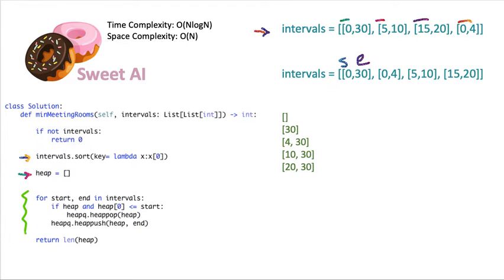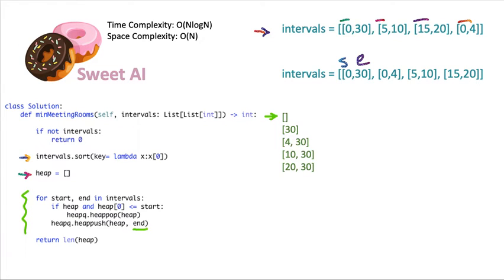We are going to use a for loop and iterate over every single interval in our array, right? At the beginning, because the heap is empty, we are going to push the first item to the heap.